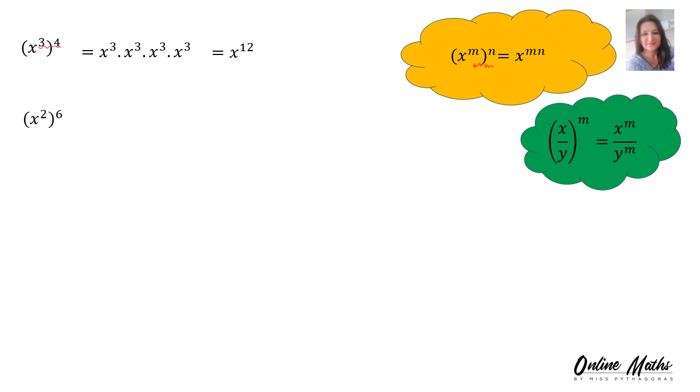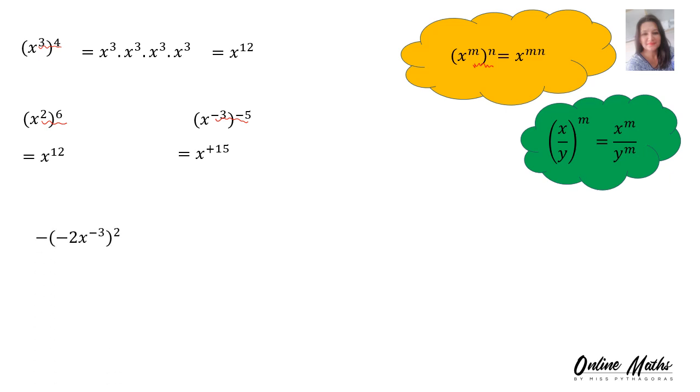Next example, x to the 2 raised to the 6, or rather x squared raised to the 6, will be x to the 12. There's a bracket, so therefore you multiply. 2 times 6 is 12. So on this one, there's a bracket, therefore we multiply the exponents and we find it's x to the, minus times a minus is a plus, 15.